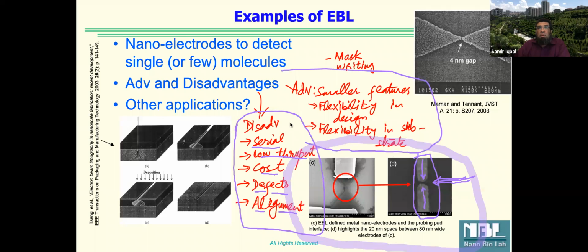You can make really, really small features. You can make a variety of designs because you are basically writing a design. Think about it, it's not a stencil, it's artwork. Artists don't use a stencil, they use brush strokes or whatever. So this is like that.